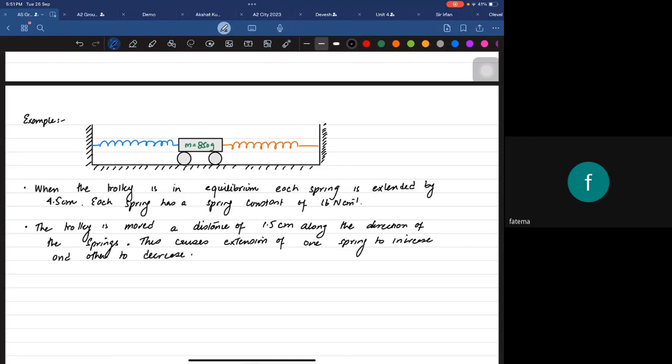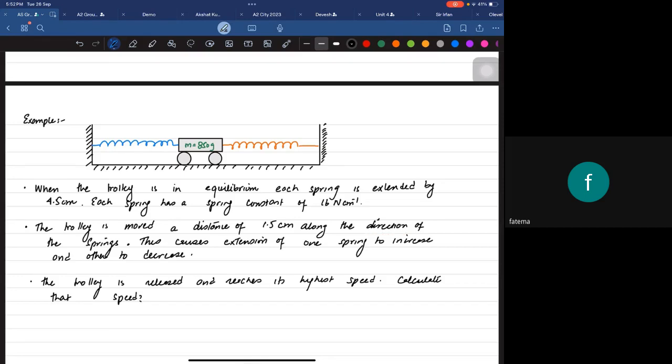Is it clear, everyone? Then they say the trolley is released and reaches its highest speed. Calculate that speed. Now this question is pretty confusing, but it's all right.